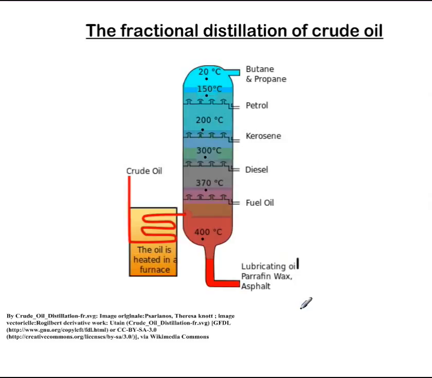And because they have a high boiling point, they form a thick residue at the bottom, and they can again be distilled in another tower. But basically, we see that these things are formed at the bottom, and asphalt, for example, is used in the manufacture of roads, and paraffin wax. We know what is paraffin wax and lubricating oil, and we know that lubricating oil is also used in lubrication of engines.